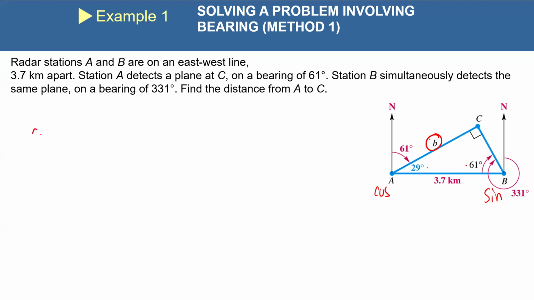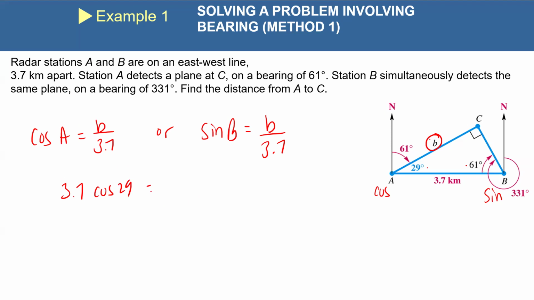So cosine of A equals b over 3.7, or sine of B equals b over 3.7. Either one would result in my answer. So we know that 3.7 cosine of 29 equals 3.7 sine of 61.